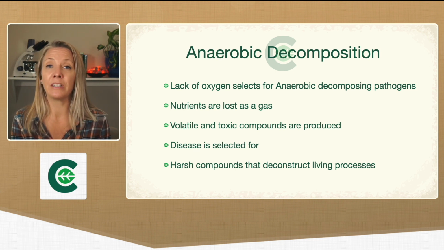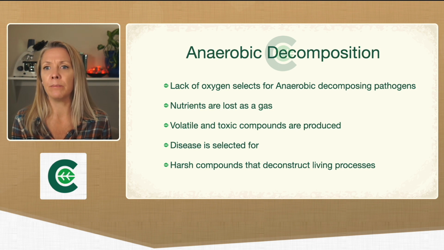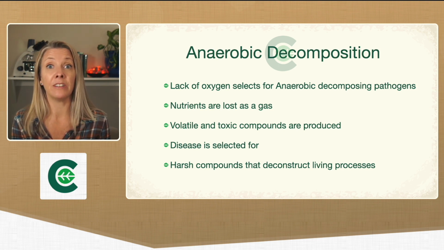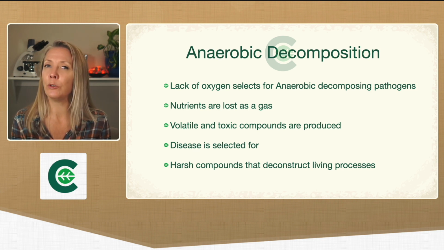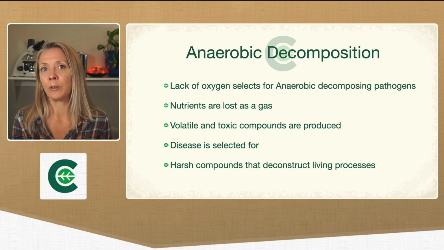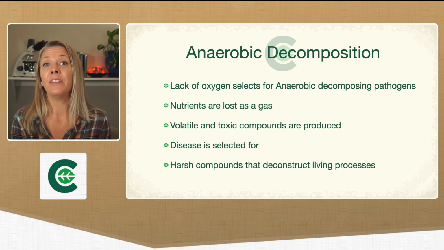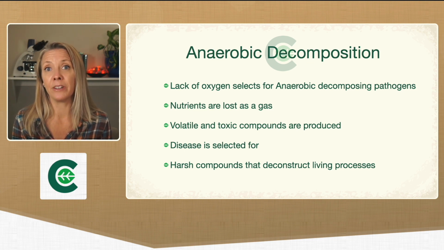So this is a big difference, and you need to understand when you're going through this process how important it is to keep aerobic. That's why we talk about certain high nitrogen components in the pile, making sure that they don't come from, or at least not too much from, a facultative anaerobic process like beer mash, because you don't want to start selecting for these anaerobic microbes that come on this material and start this process going.